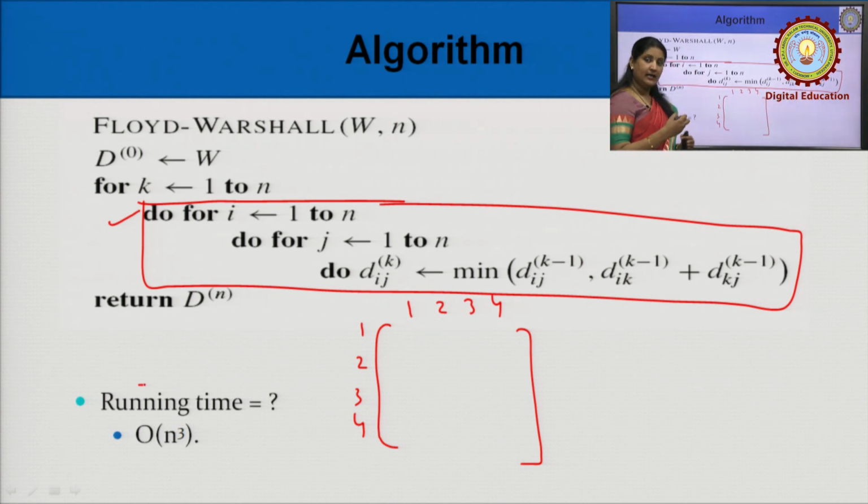And there are n intermediate vertices. If there are 4 vertices, there are 4 intermediate vertices. So we use k from 1 to n, and there are 4 matrices to be solved for this problem. So there are 3 loops from 1 to n, and the time complexity is order of n cube.